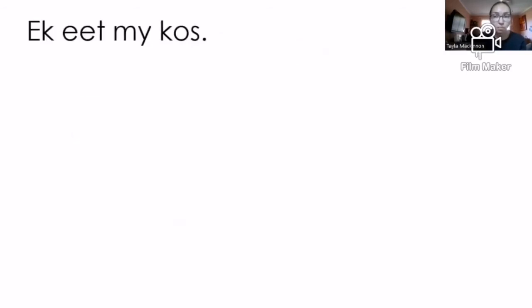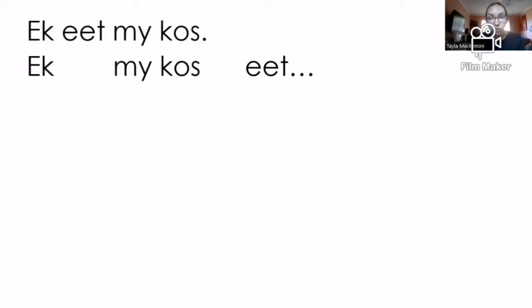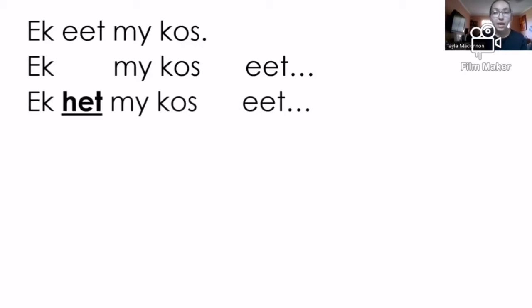Right, so there's your simple sentence. Ek eet my kos. The very first thing was you needed to identify your verb. Your verb is your doing word, right? And you put it at the end of your sentence. Ek something my kos. Your verb is eat, that goes to the end. Now you use your friends, het and ge. Remember that het takes place of your verb.